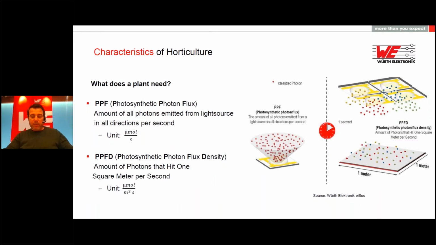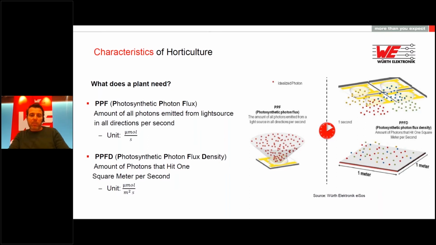Usually the lamp or the horticulture application will also have two additional values. The first is the PPF, the photosynthetic photon flux. This is the amount emitted from the light source in the form of photons. You can see this on the left side of our graphic. All the points are the photons, or schematic photons.